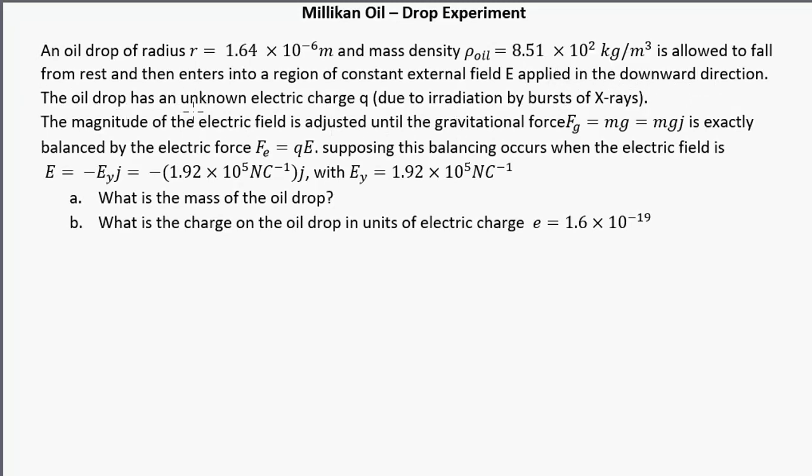Now the oil drop has an unknown electrical charge due to irradiation by bursts of X-ray.